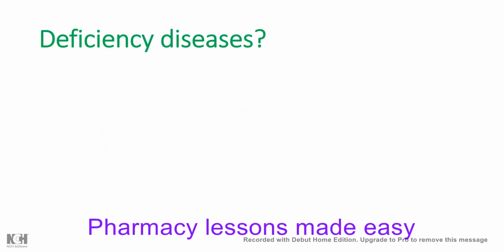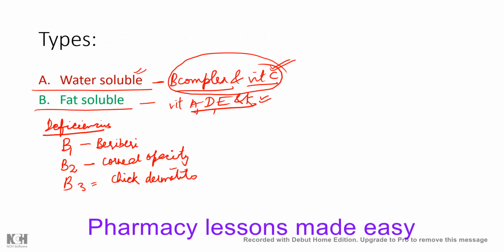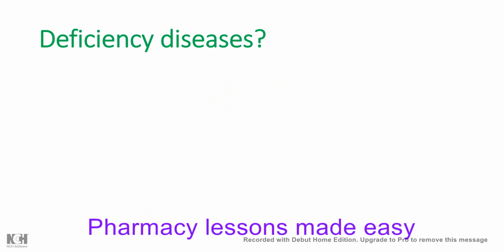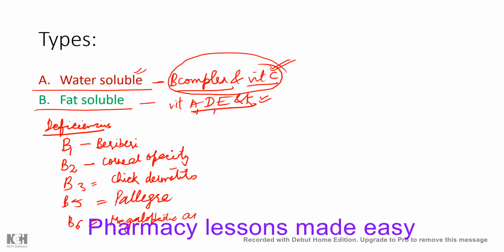Vitamin B5 causes pellagra. Okay, pellagra. B6 causes megaloblastic anemia.